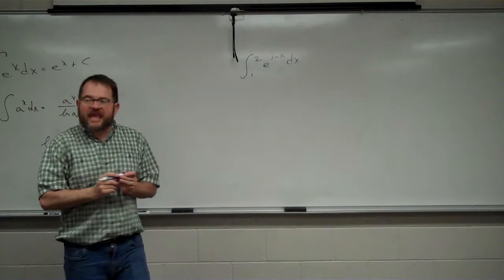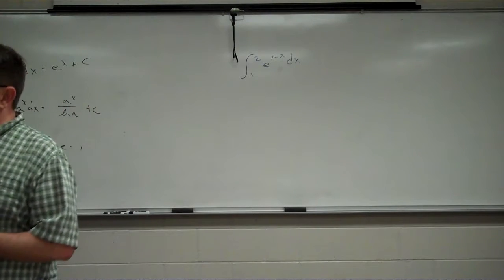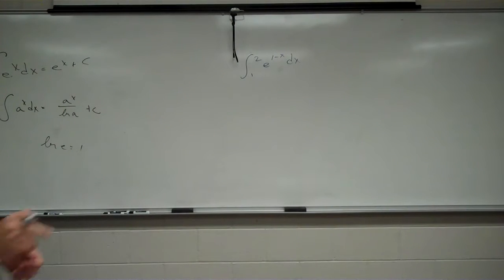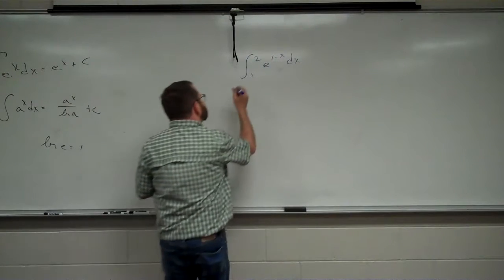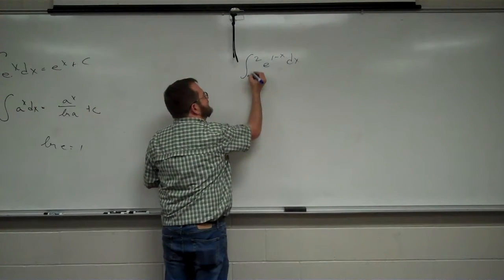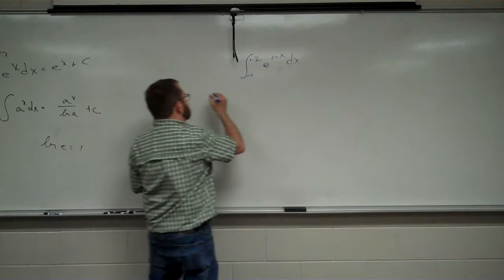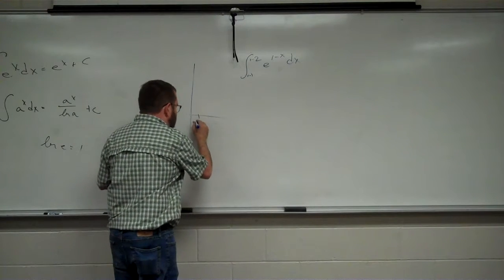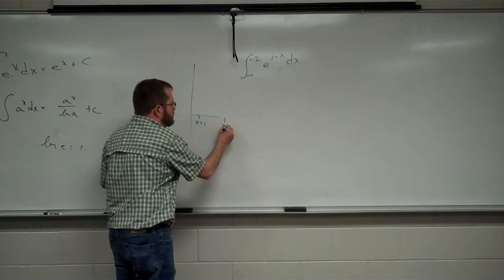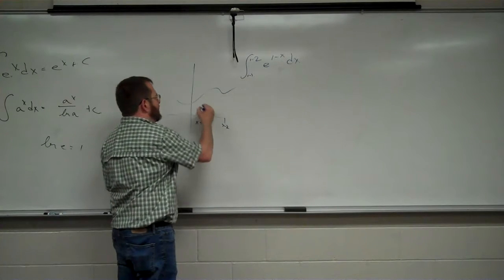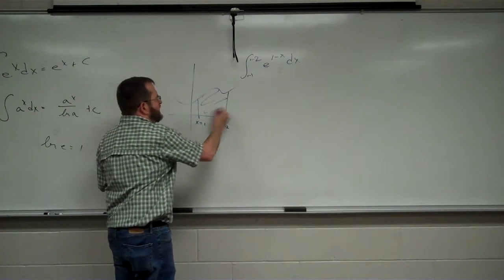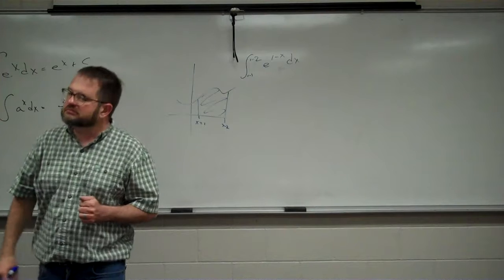Again, I want to reiterate what a definite integral is. Another way to write this is that x equals 1 to x equals 2, we have this function doing something here, and we want this area underneath here.